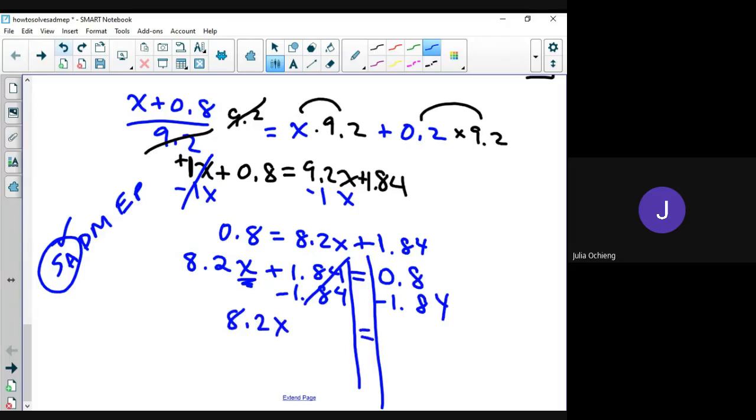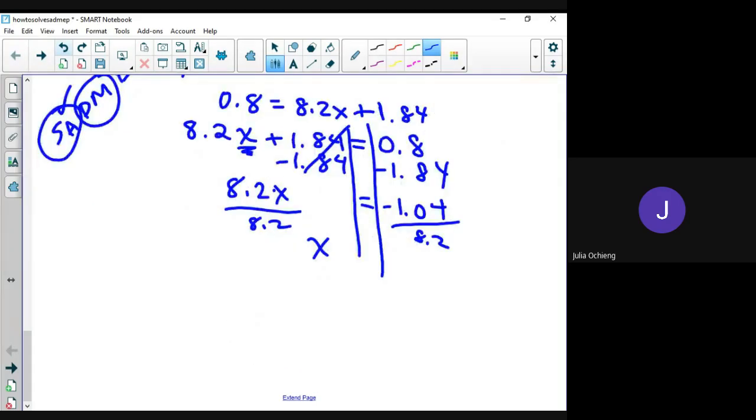And on the other side, 0.8 minus 1.84, excuse me, should be negative 1.04. And then I want to get rid of anything that's multiplied or divided to the x, which is the times 8.2. So I'm going to divide both sides by 8.2.